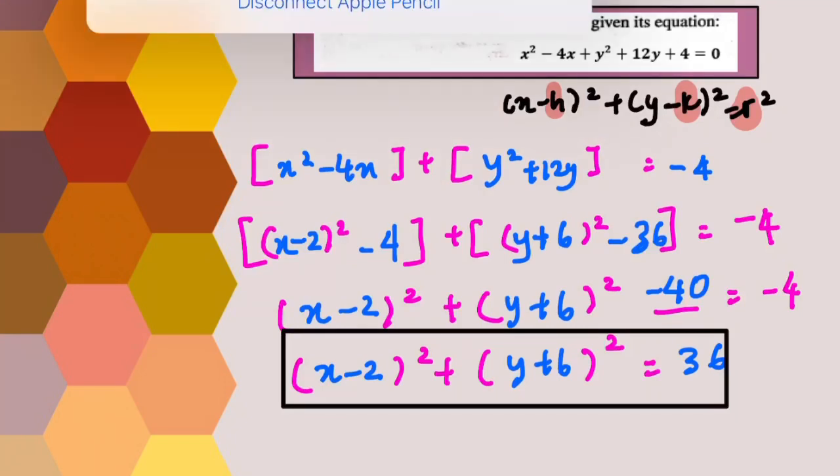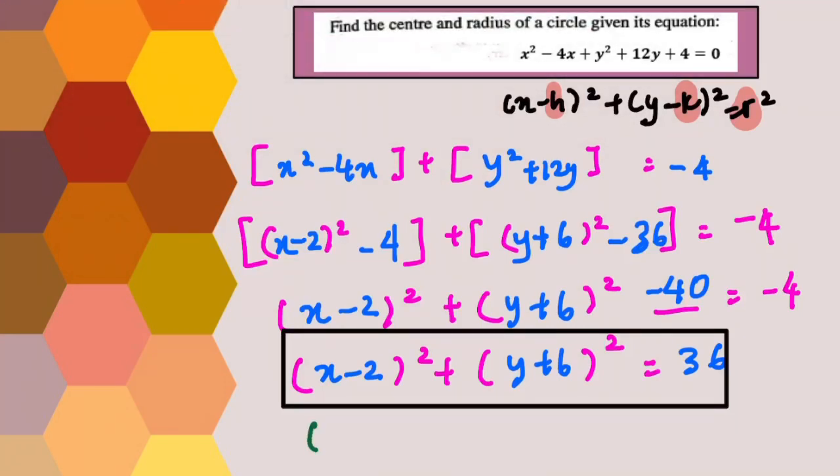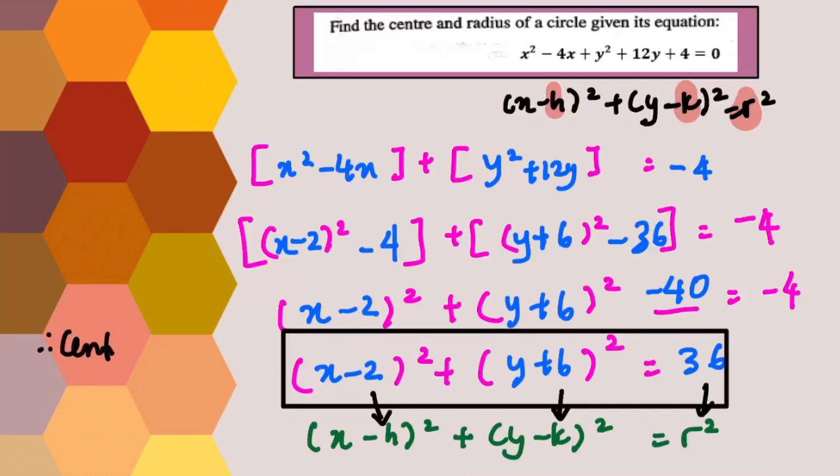Now let us compare this with the standard equation of a circle, (x − h)² + (y − k)² = r². Here you can see your h, you can see your k, and you can see your r. So let's conclude.